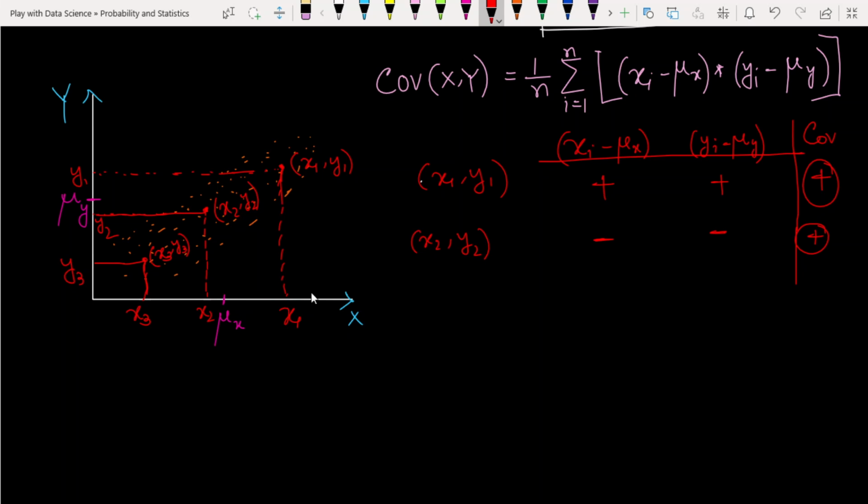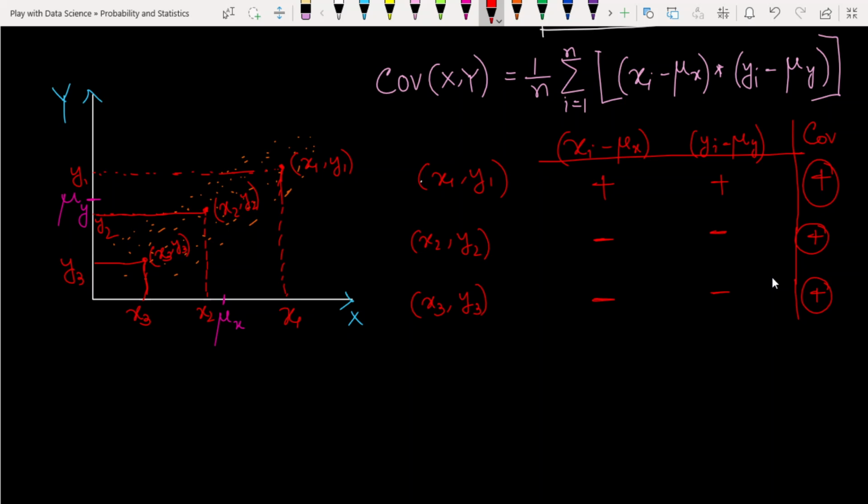For x3, y3, what will be these subtractions? x3 is smaller than mu x, so it will be negative, and y3 is also less than mu of y, so it will be negative. The multiplication of these two negative values will be positive, and the average of positive numbers is also positive. So we will see this in each case: in any of these three cases, our covariance value must be positive.